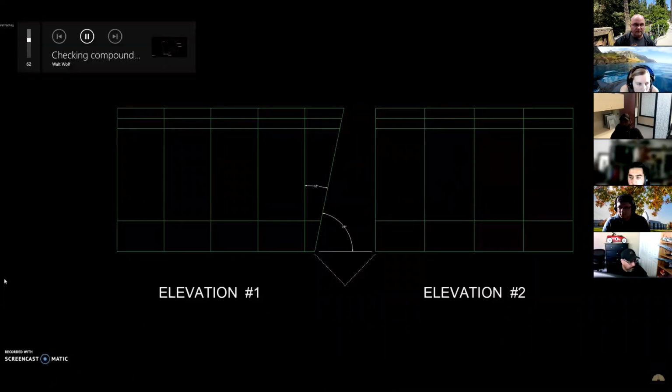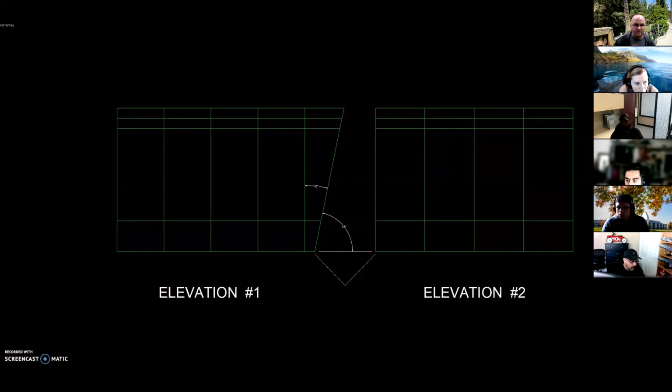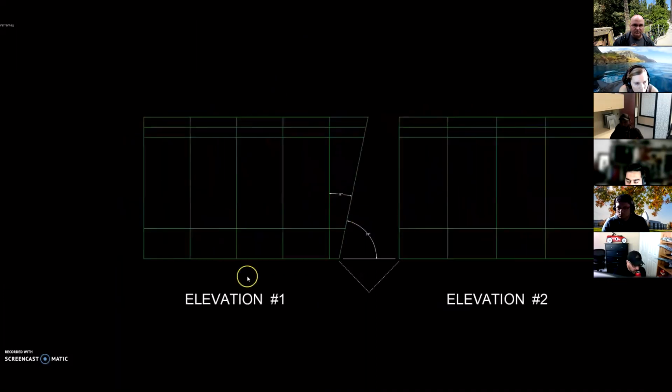For this demonstration, let's pick two planes, or more specifically two elevations, that in plan view will be joining, creating a 90-degree outside corner. As we can see here, these two schematic elevations are elevation number 1 and elevation number 2. Elevation number 1 is on a perfectly vertical plane, containing a tilt at its right side edge of 78 degrees in relation to the horizontal plane and 12 degrees to the vertical.